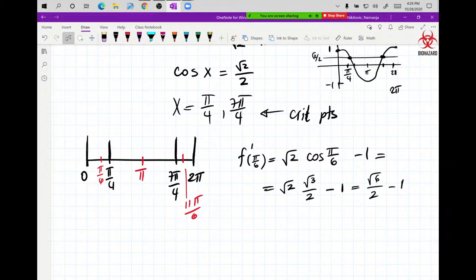And you don't need the answer here down to like 50th decimal. You just need to know if this value is positive or negative. That's all you need. Because if it's positive, you draw the arrow up. If it's negative, you draw the arrow down. That's all it is. So now, is this positive or negative?